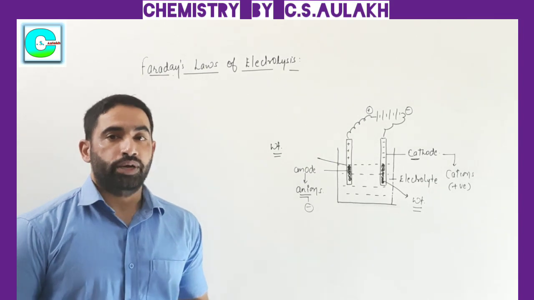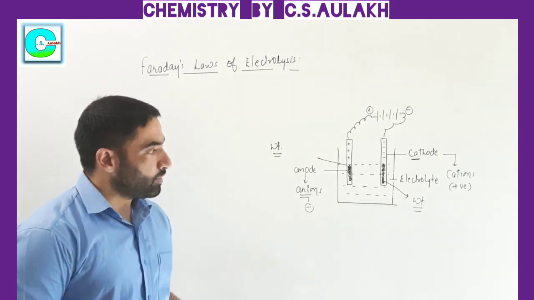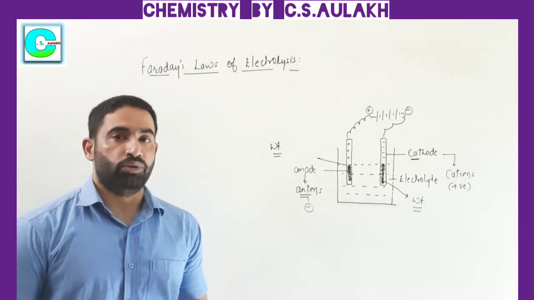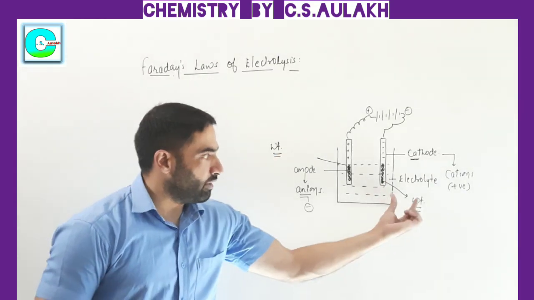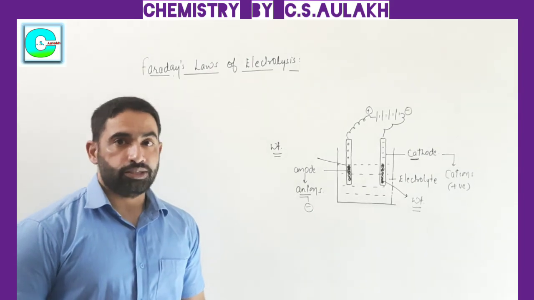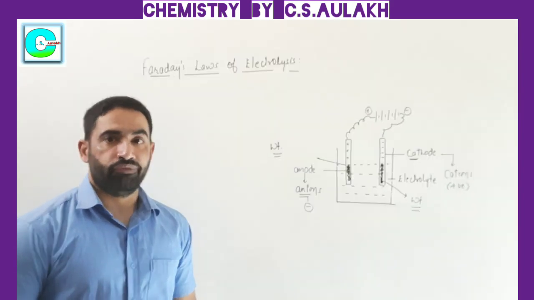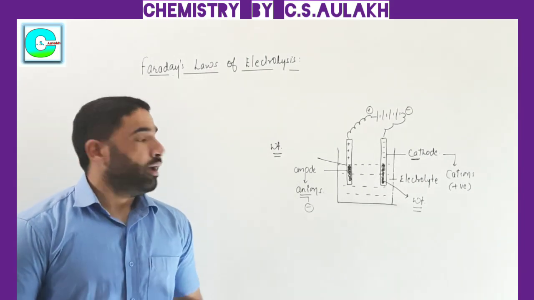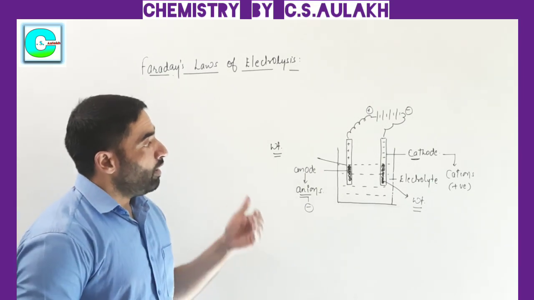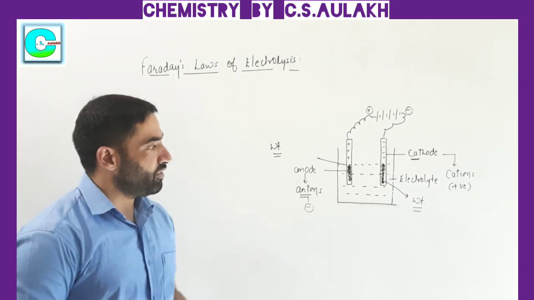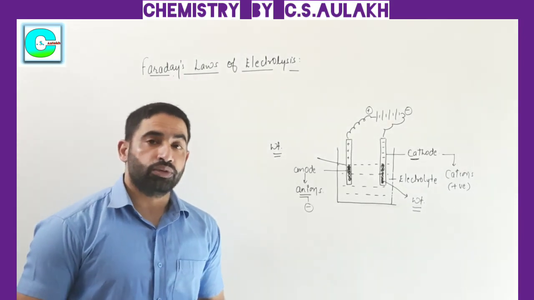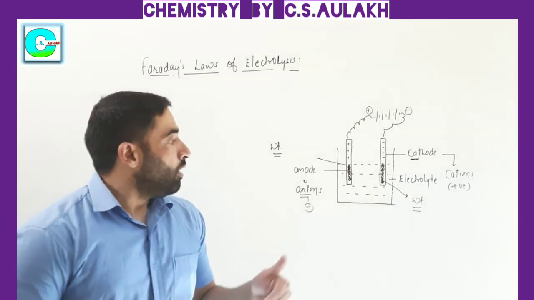That is, how much quantity of the substance will be produced over the surface of the electrode. You can easily find the value of the substance deposited or liberated over the surface of the electrode with the help of Faraday's laws of electrolysis.